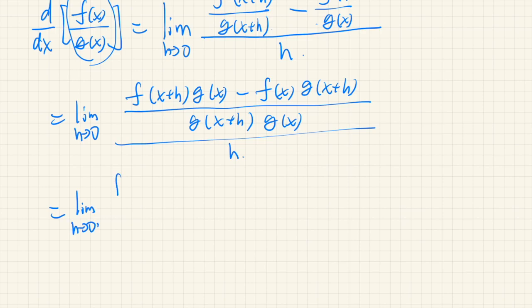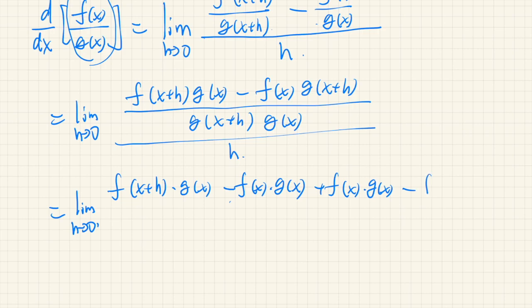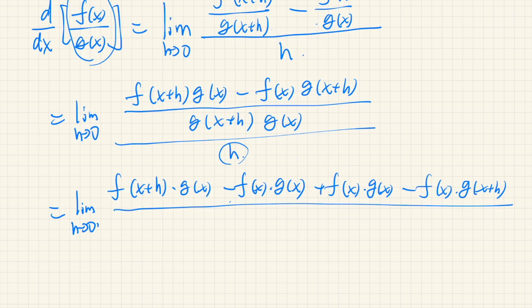And that is, let's see, f of x plus h times g of x minus f of x times g of x, plus, add the same thing, f of x, g of x, minus f of x and g of x plus h, divided by, so let's put this h, this denominator here.